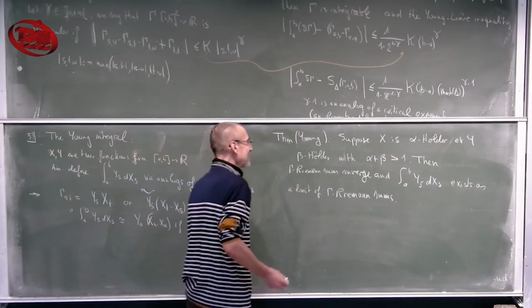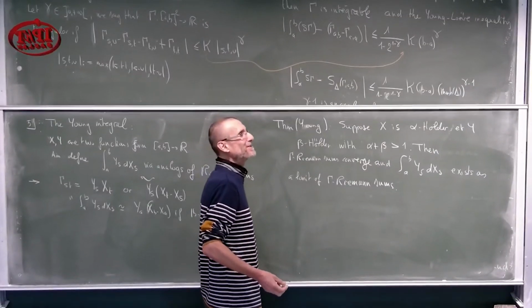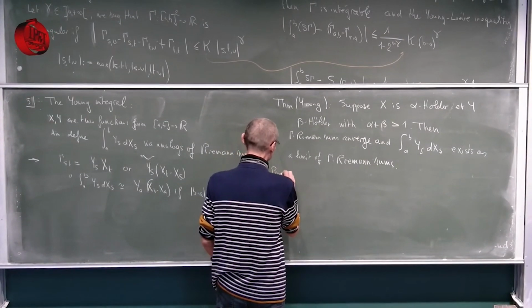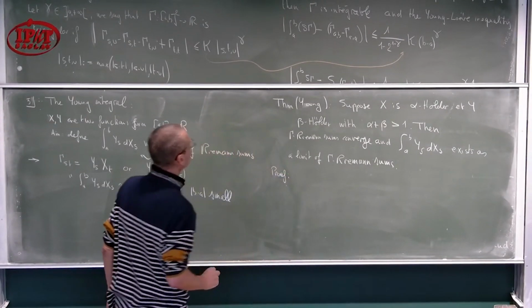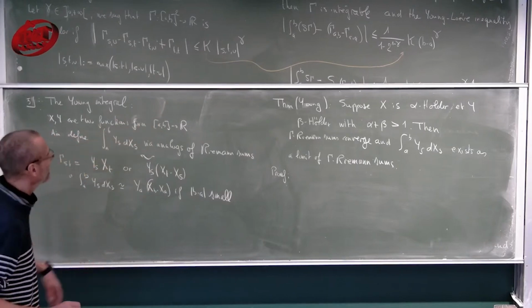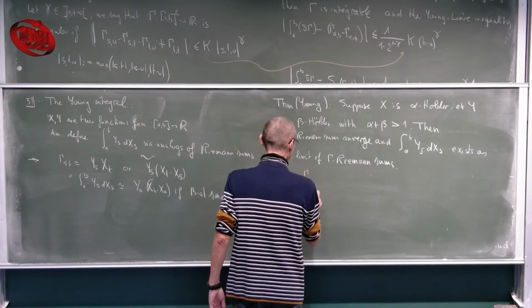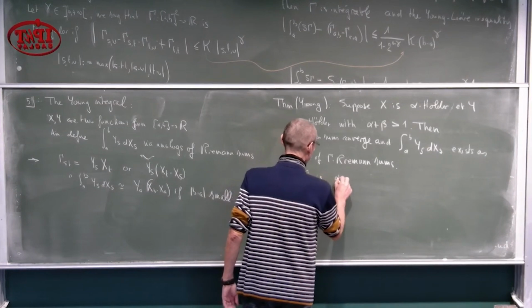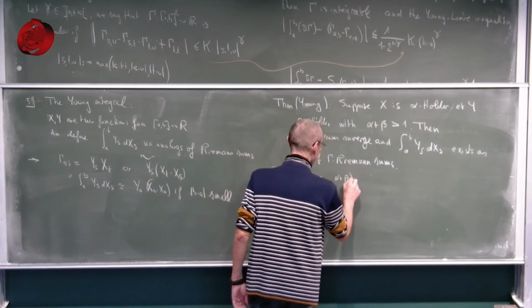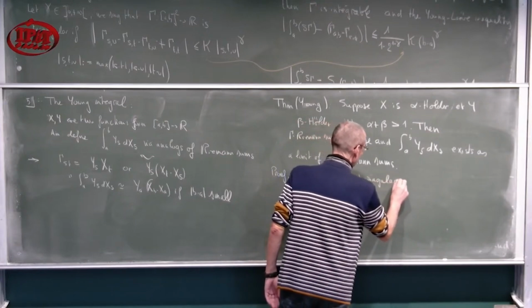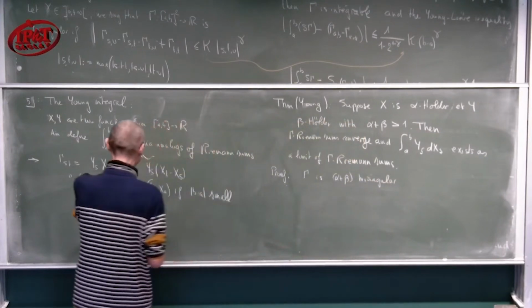In fact, this is one of the rare cases when I can give a proof based on the sewing lemma. The proof is the following: in fact gamma is alpha plus beta triangular. So let me compute it using these.